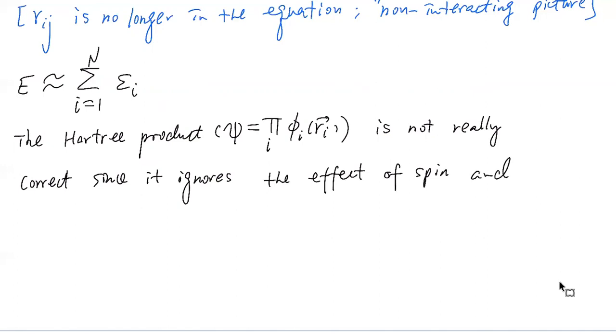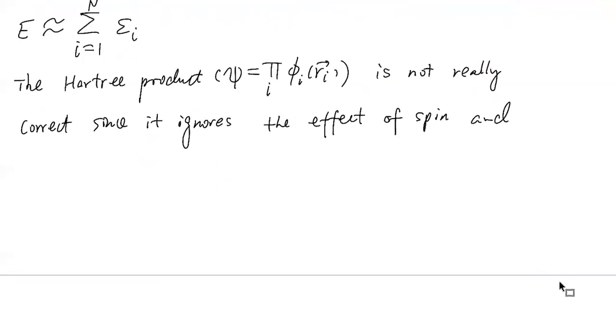And the effect of spin, of course, includes the Pauli exclusion principle. So I can just add a parenthesis including the Pauli exclusion principle.